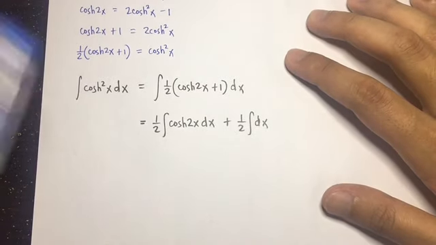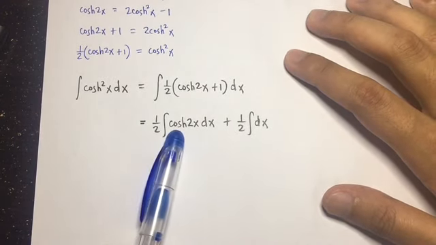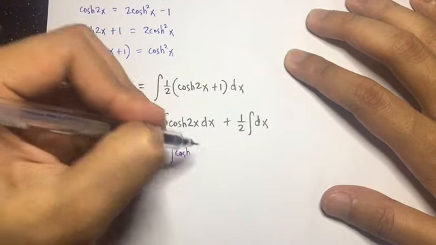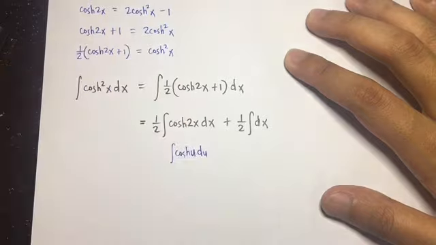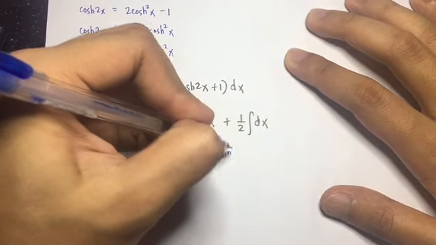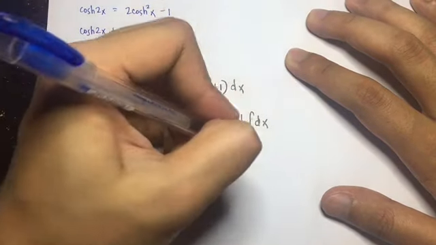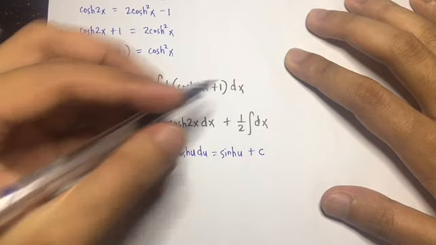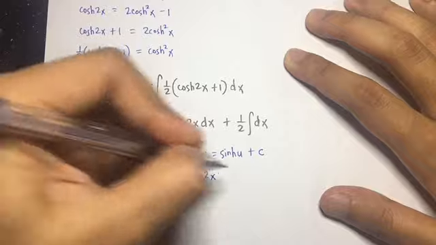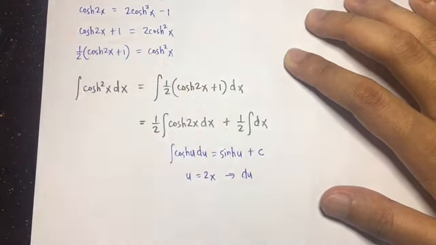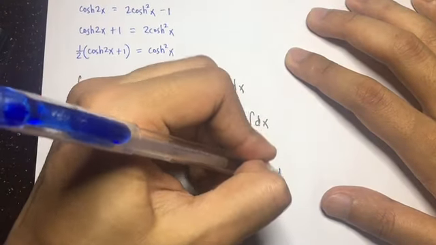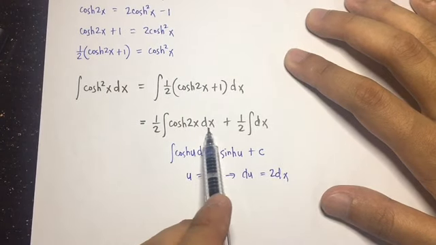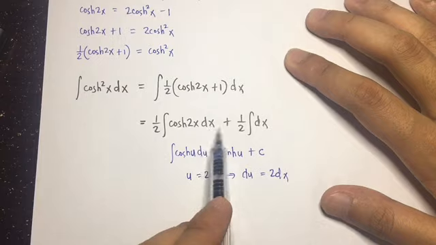Okay, take note of the integral of hyperbolic cosine. The integral of hyperbolic cosine of u du is equal to hyperbolic sine of u plus c. Our u here is 2x. Therefore, our du should be equal to 2 dx. As you can see, there is a missing part in the differential, so the differential is still incomplete.